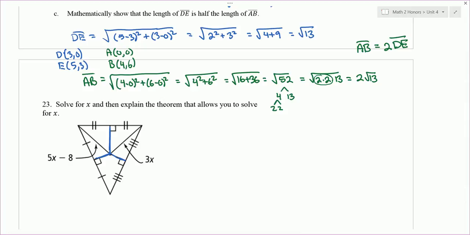The reason it's called the circumcenter is because that point is the same distance to all 3 vertices. And so the distance, let me label this, so A, B, C, and I'll call that point, the circumcenter, D. So AD is equal to BD is equal to CD. Okay, that theorem, the concurrency of perpendicular bisectors theorem, is the name of that.